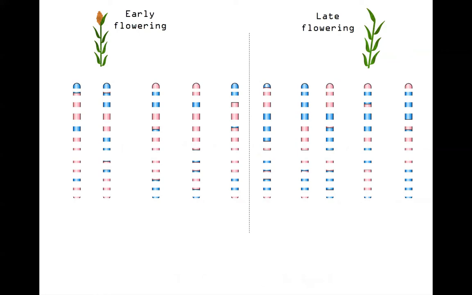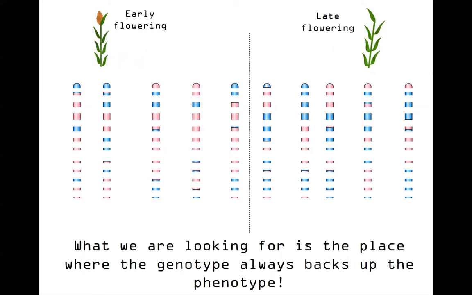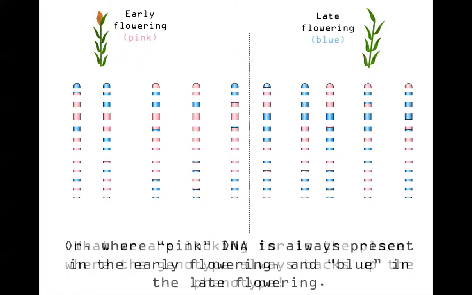In its most basic sense, what we are looking for is the place where the DNA is going to back up the phenotype. So in other words, in this example, what we're looking for is a place where pink DNA is always present across the board in all the early flowering plants, so a spot where that's true.